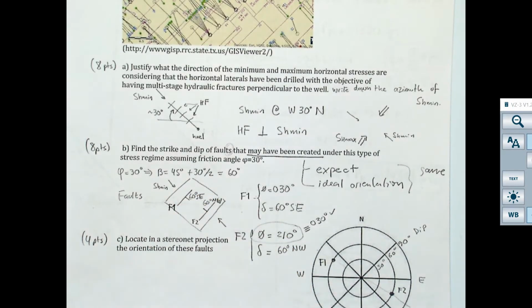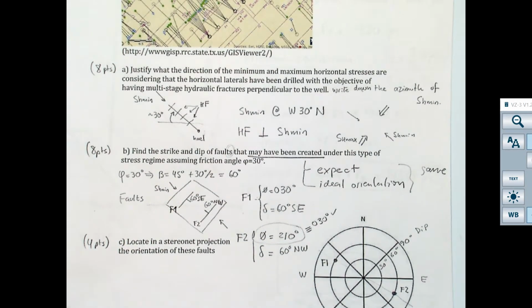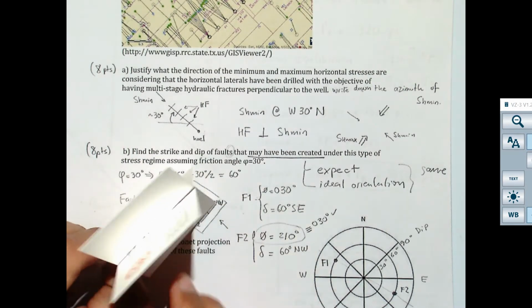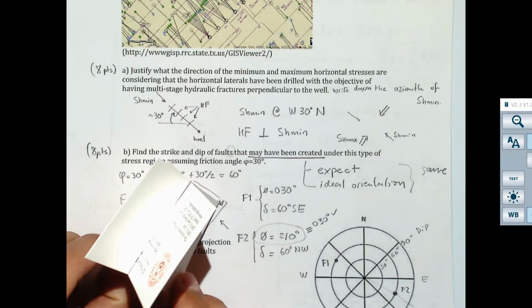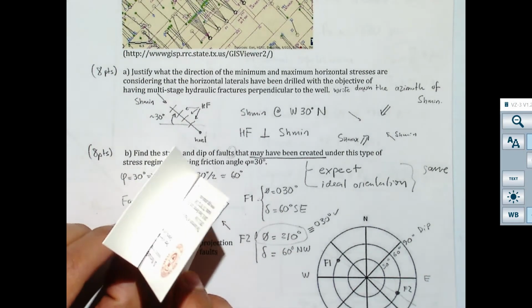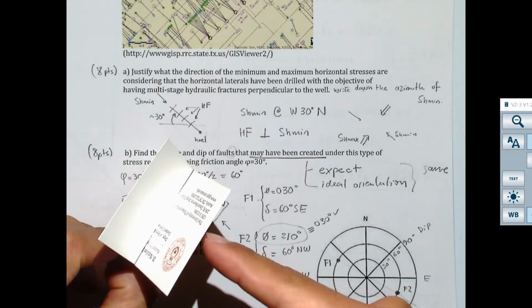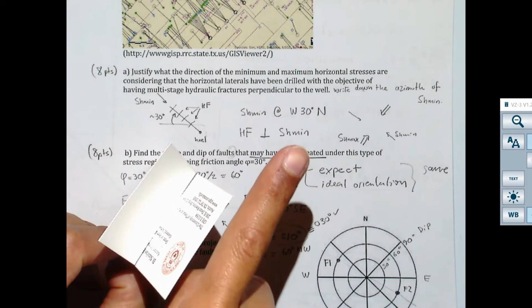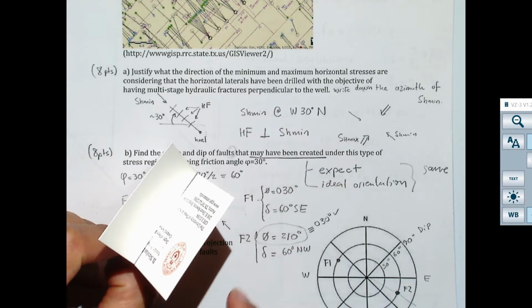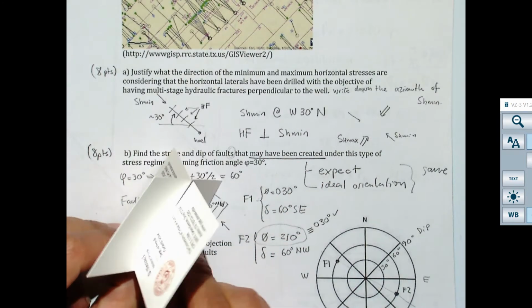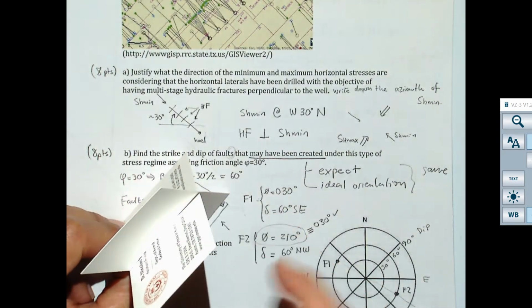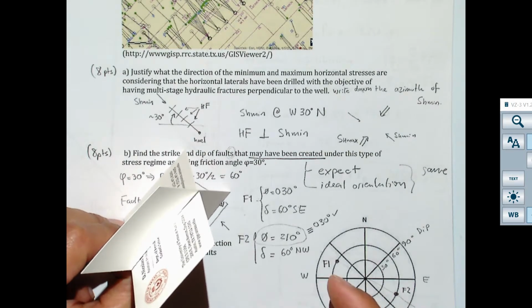It's a vertical stress, and the faults are going to be like this. The strike is going to be perpendicular to SHmin, or in the direction of SHmax, and the angle of these faults, the dip, is going to depend on the angle beta.